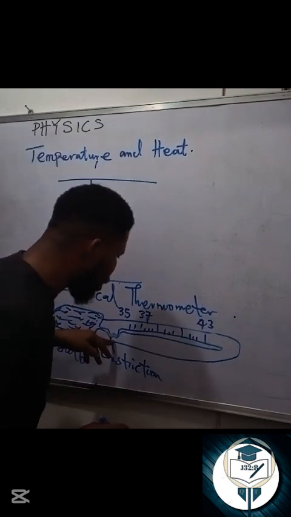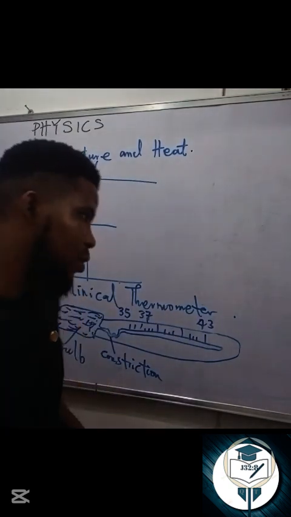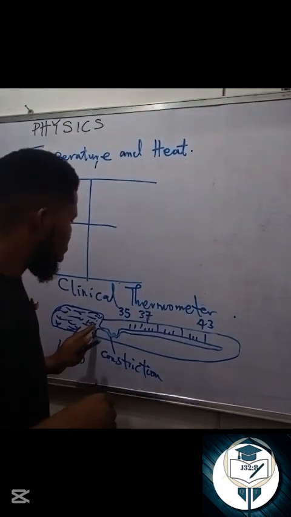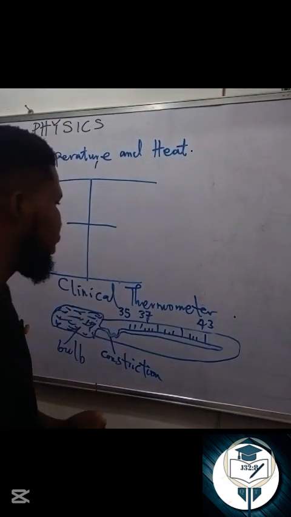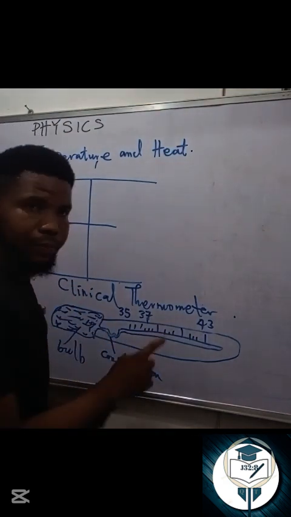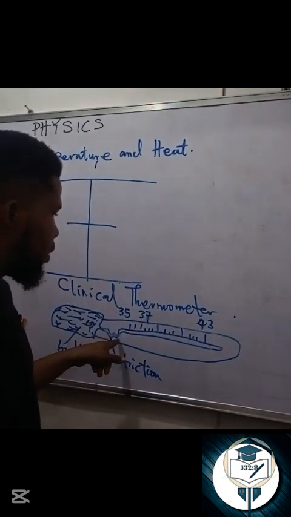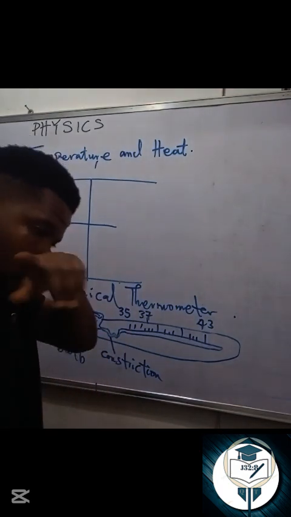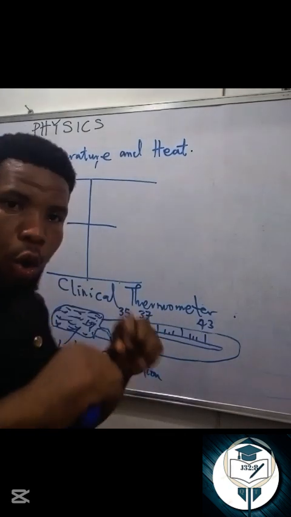Now look at this constriction. Very, very important. This constriction is constructed in order to prevent the mercury from overflowing; it holds it.